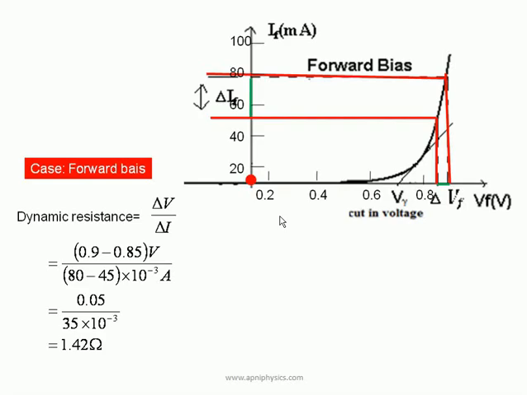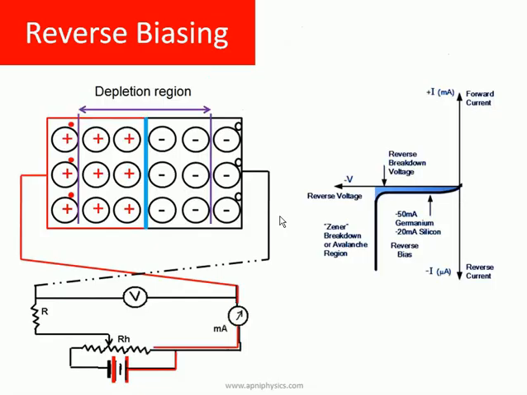Let us see now the reverse biasing of the PN junction diode. And here, as I told you earlier, this is our n-type semiconductor, this is the p-type semiconductor. We just reverse the direction of the battery. So this is the positive terminal, and this positive terminal is attached to the n-type semiconductor, and the p-type semiconductor is connected with the negative terminal of the battery this way.